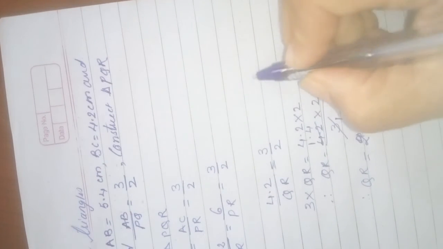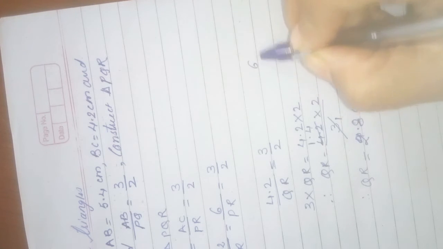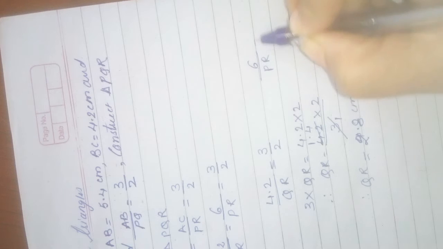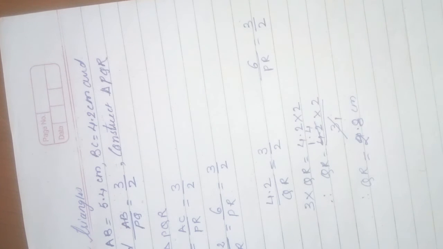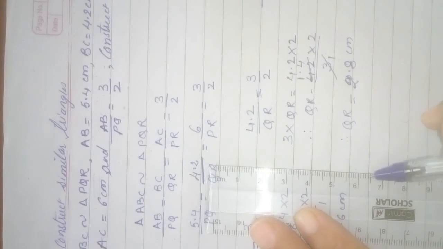Now we have to take the third ratio, that is 6 upon PR is equal to 3 upon 2. Children, those steps we will write separately so that there should not be any confusion.